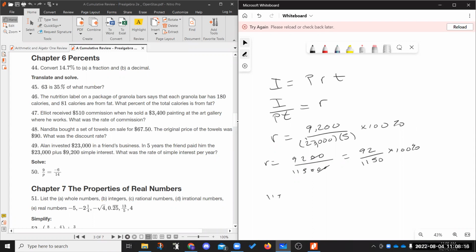So I think this is 8 here. 40, 12, 9. So it is an 8% interest rate.